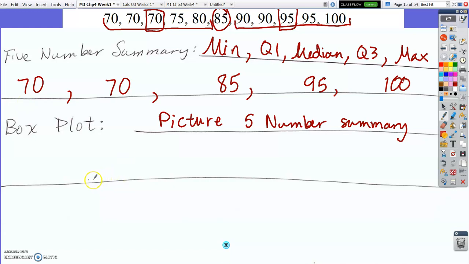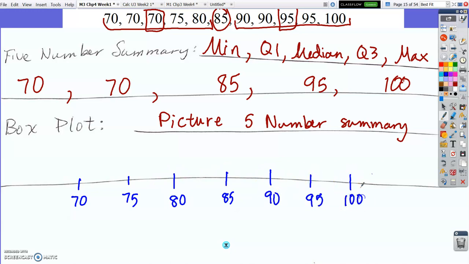So I'm going to make this my number line, and so this is going to be 70, 75, 80, 85, 90, 95, and 100. And so I put a dot at my max and a dot at my min, a line at my quartiles, 1, median, and then a line at Q3.